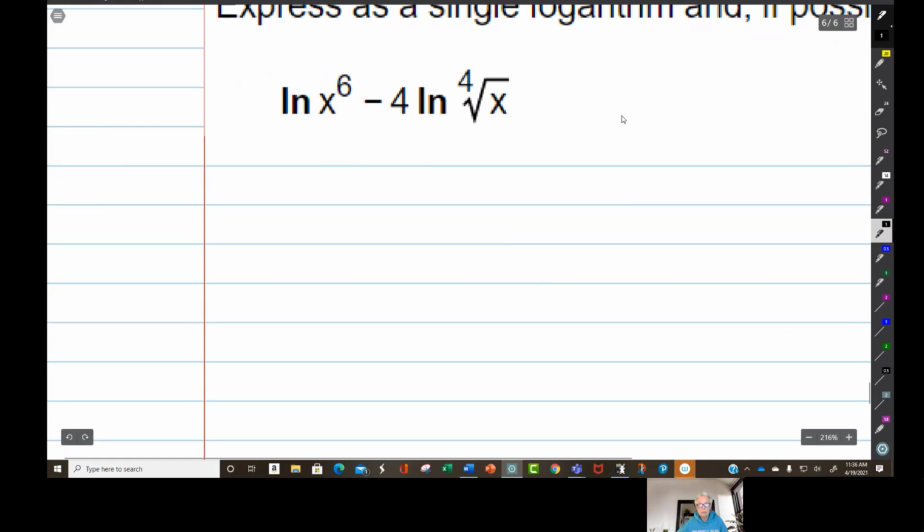Now here too. Before I try putting these together, I've got to do the following.